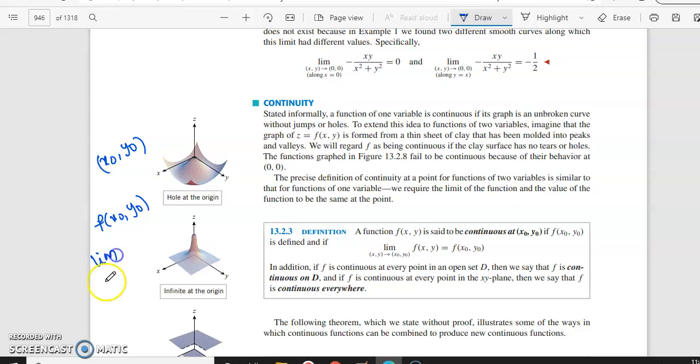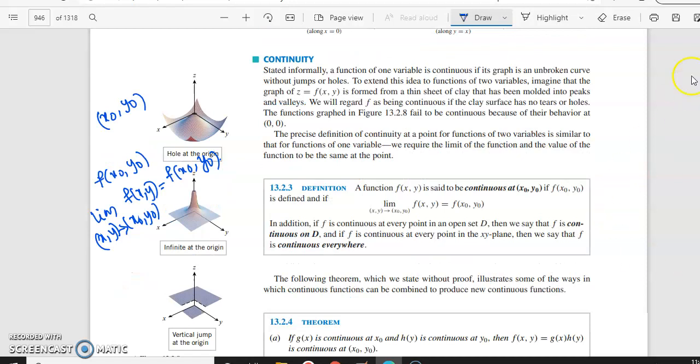Then when you take the limit x, y tends to x0, y0, f of x, y must be equal to f of x0, y0. So that is the definition for continuity.